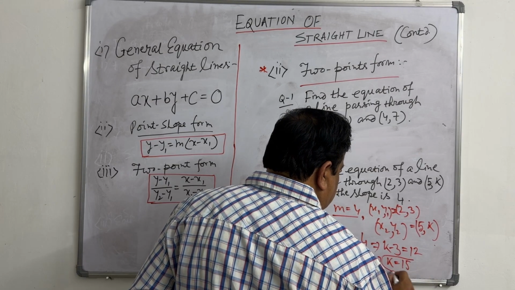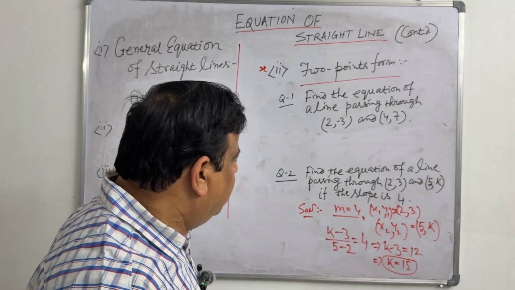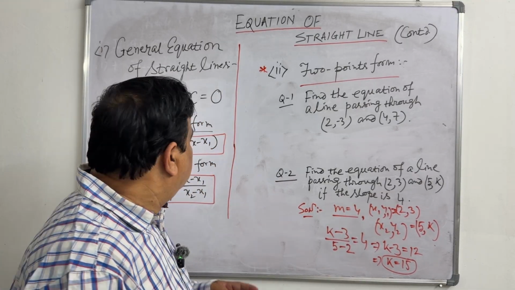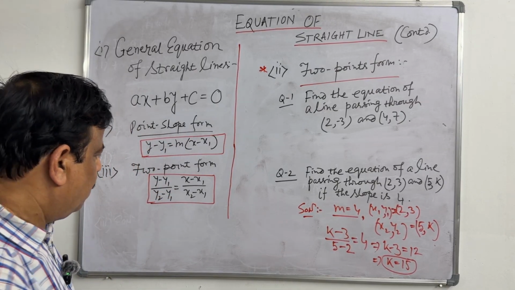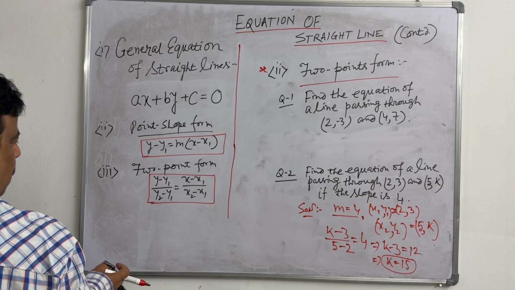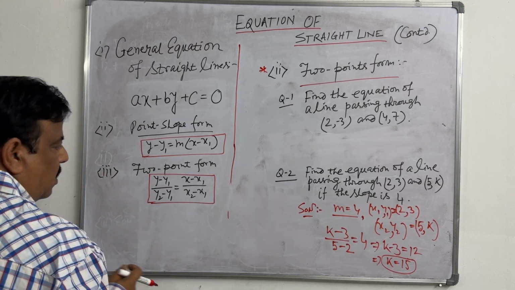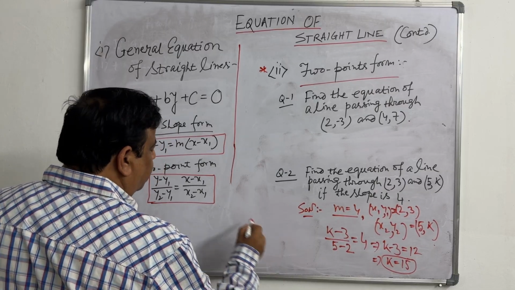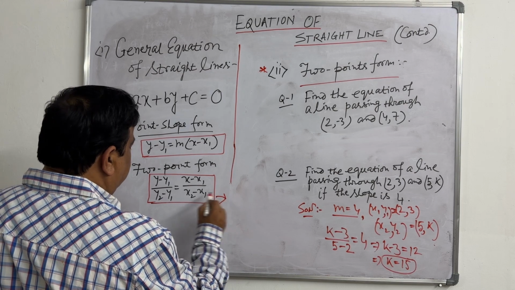Okay. I think it's very clear. We have found k. Now use this formula of 2-point form. So the equation is what?